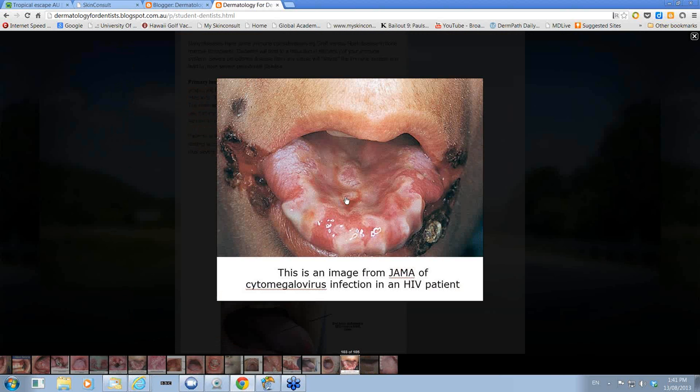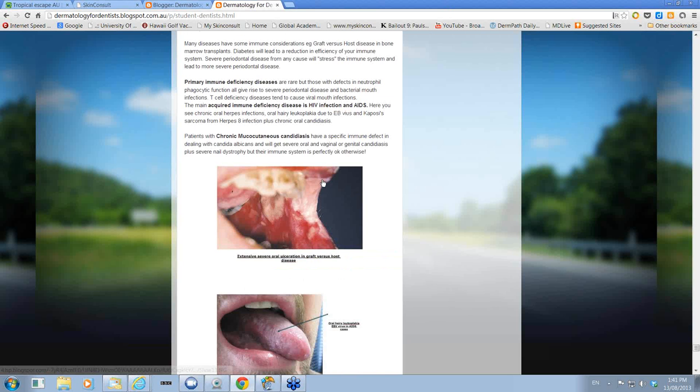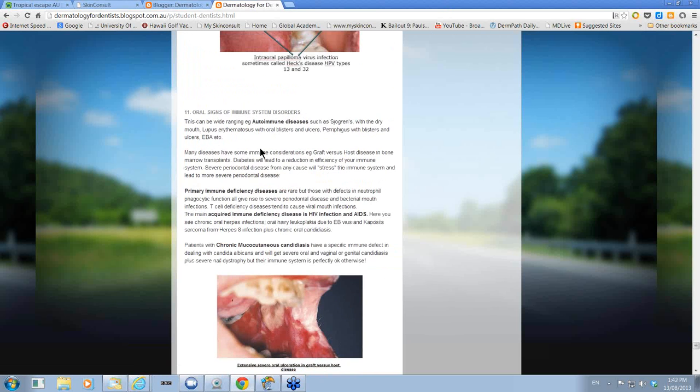Okay, these were the main things with immune deficiency that I wanted to talk about. Let's just go back to the presentation itself. Just recap. So, immune system disorders, there can be the autoimmune diseases, especially Sjogren's with the dry mouth, lupus, and pemphigus.